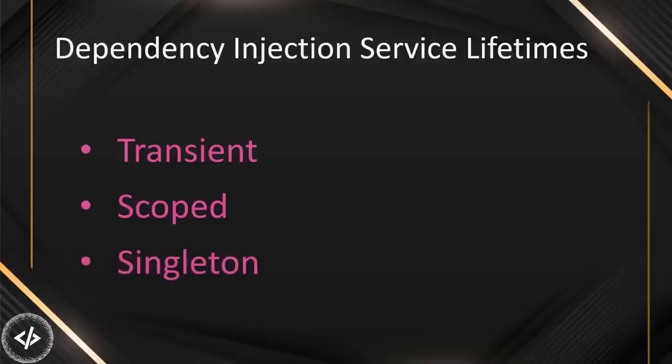And finally, we have singleton, where one implementation is created for the lifetime of the application. So once the application starts, we create an object of that service or an implementation, and that is used for all the upcoming requests unless you restart the application.